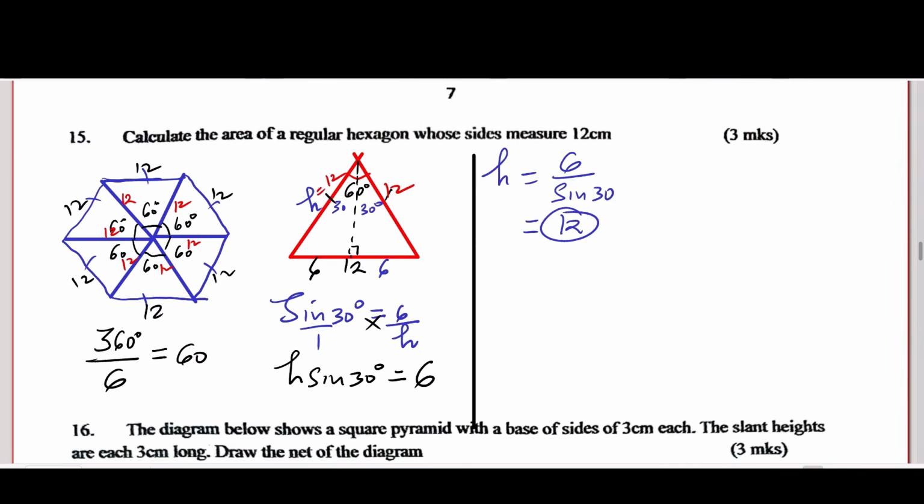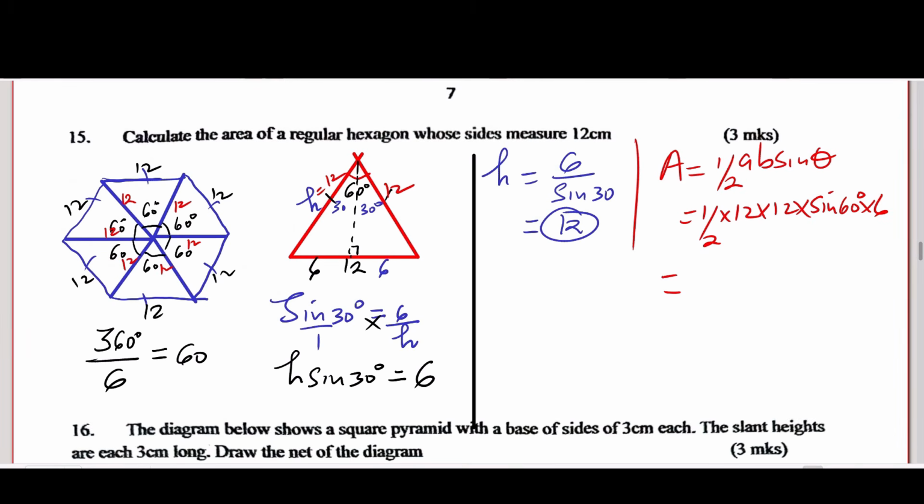I get the area of this one triangle, and which formula am I going to use? Area is equal to a half ab sine theta, because I have two sides, 12 and 12. So a half times 12 times 12, times sine of 60, the angle between these two given sides. That will be the area of one triangle. Now to get the entire hexagon made up of 6 such triangles, I multiply by 6.